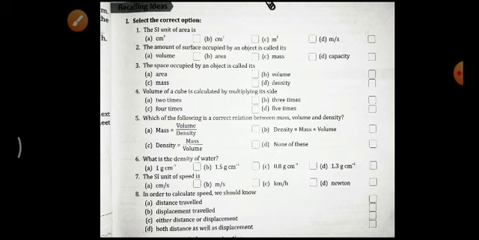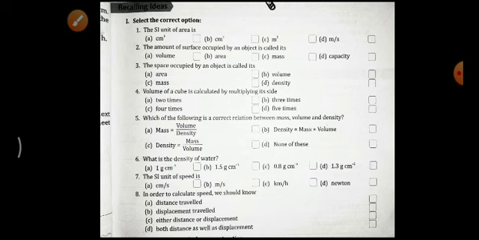So this option is also not correct. Then density is equal to mass divided by volume, so density is also not the correct answer. But volume means the total space occupied by an object is called volume only. So option B is the correct answer. I hope all of you are understanding this one.